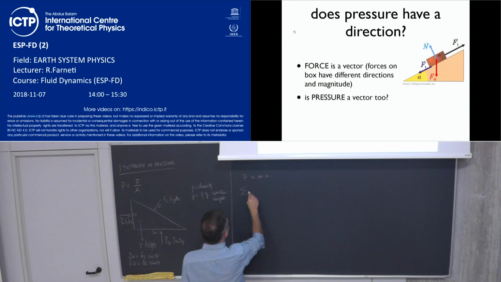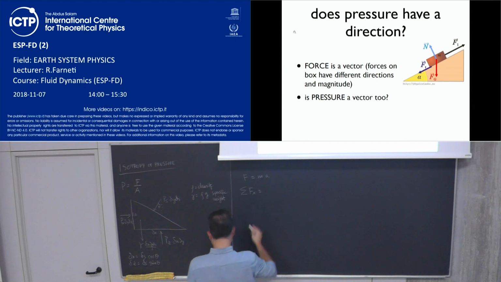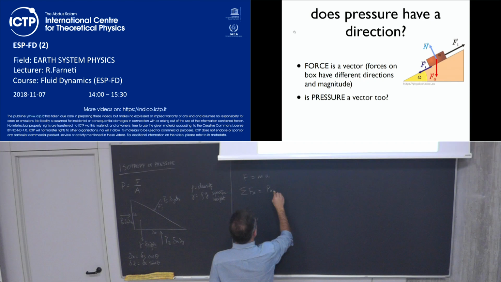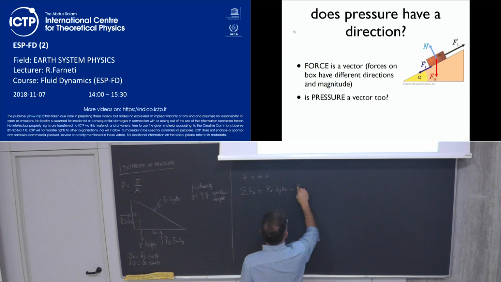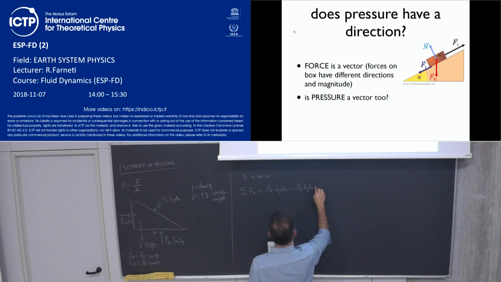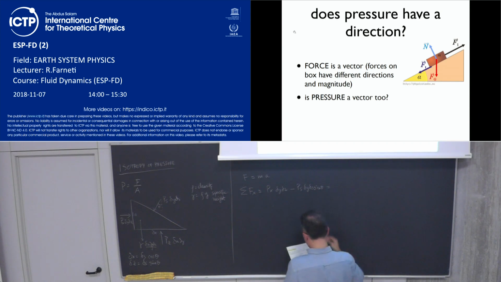So the sum of all the forces in x are going to be Px dy dz minus the contribution from Ps dy ds sine of theta, okay, equal to whatever mass times acceleration I have.